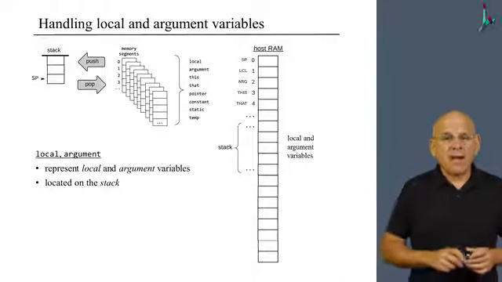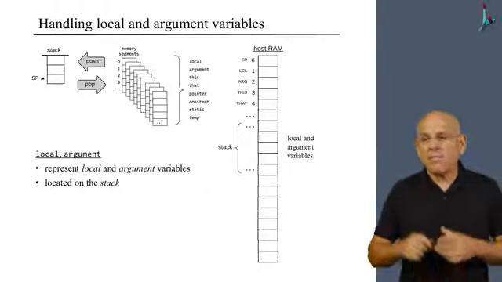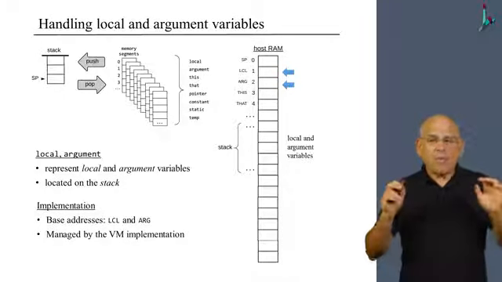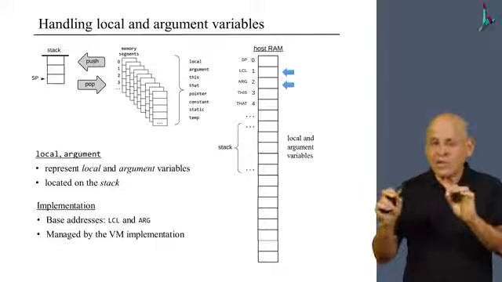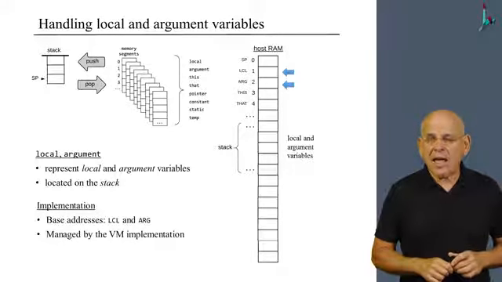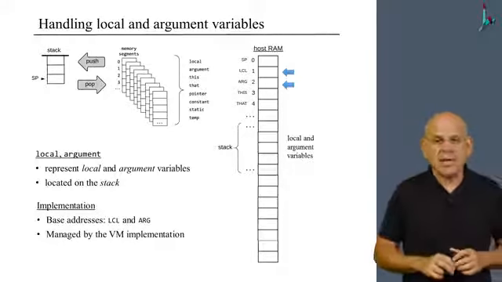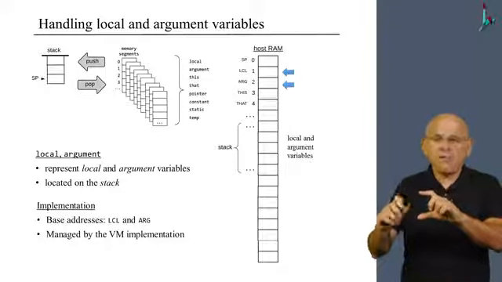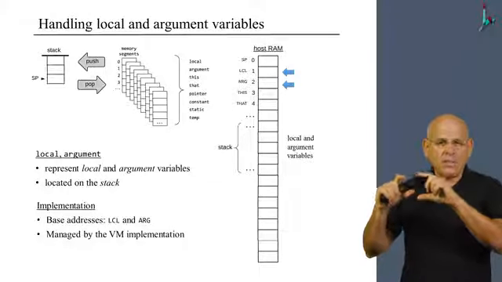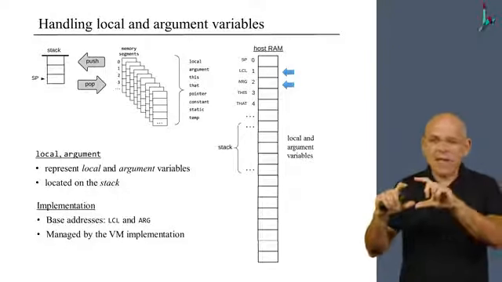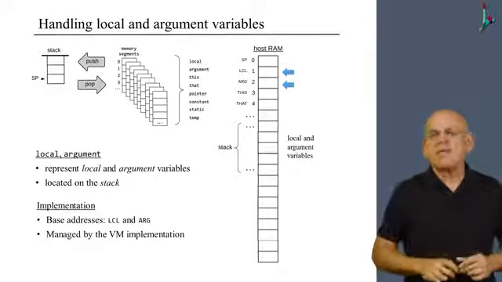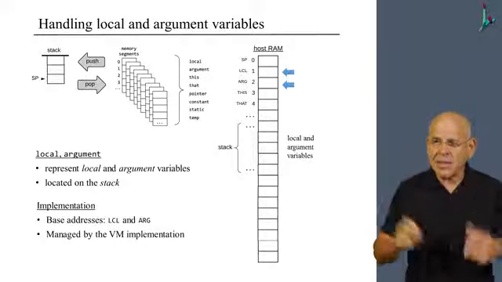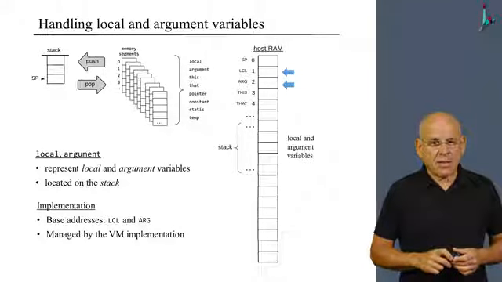And once again, they are managed by the VM implementation on the stack. And the way the VM implementation records the location of these segments on the stack is by using the two pointers LCL and ARG. The VM implementation puts, for example, the local segment in a certain area in the stack, and it records the base address of this segment in the LCL pointer. And it does exactly the same thing with the argument segment.